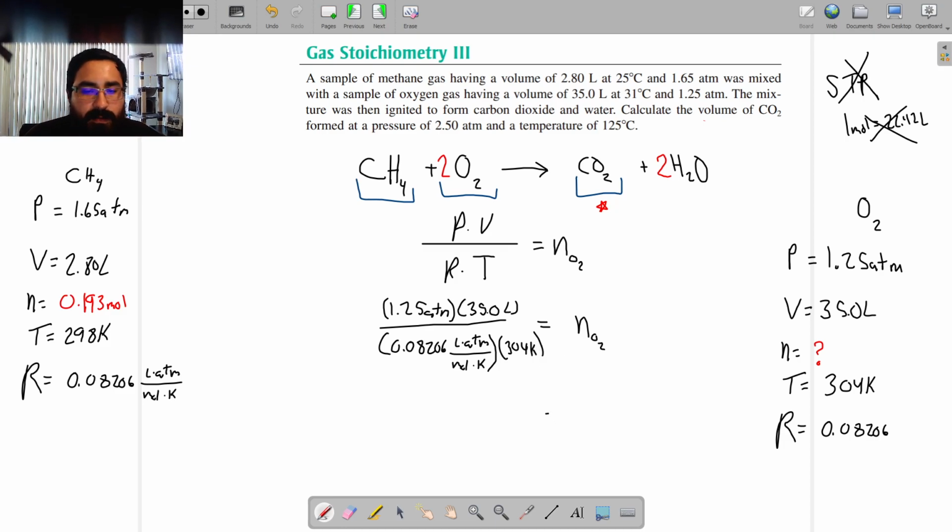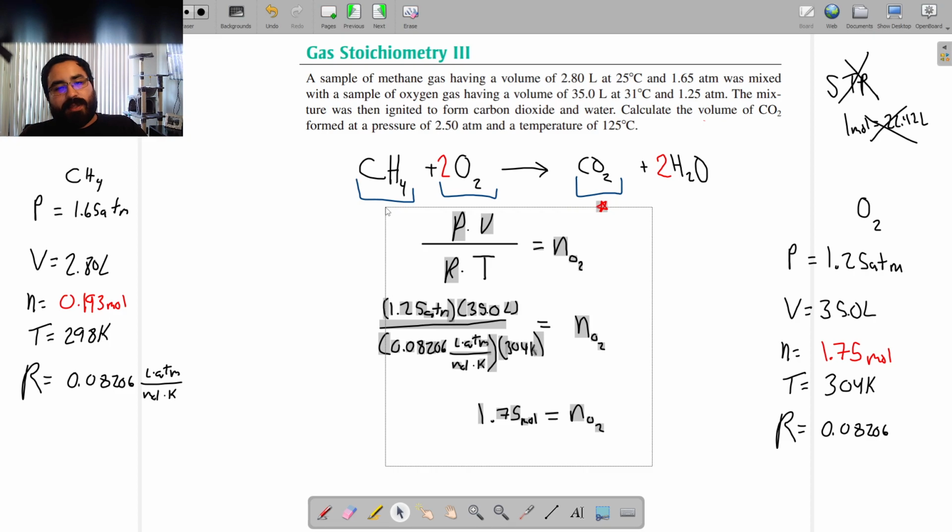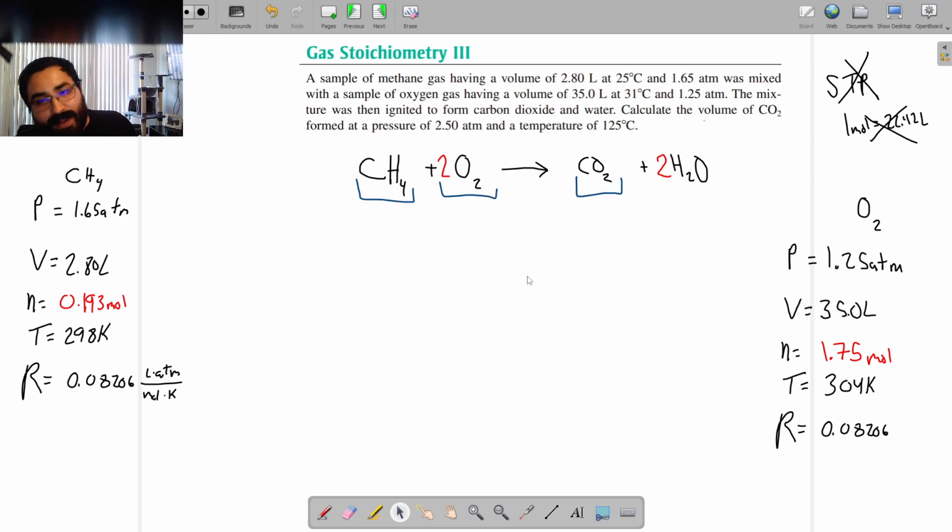And we have that the number of moles of oxygen is equal to 1.75. So we don't need this little thing over here. We'll just write 1.75 moles. It's nice to be done with the problem, isn't it? Is what we're going to say in a couple of minutes.